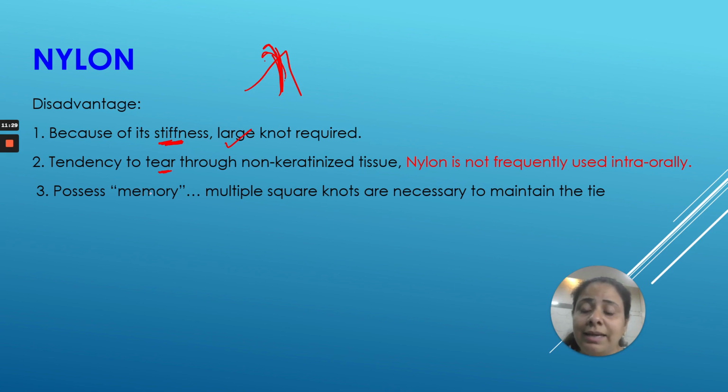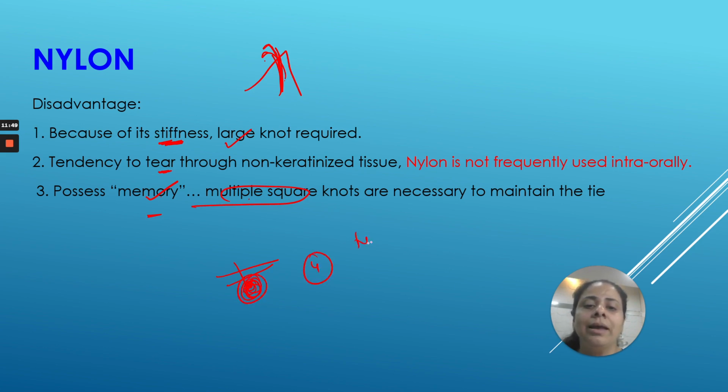And thirdly, this is the most irritating quality when it comes to the oral cavity, that it possesses memory. So multiple square knots are required. That means when I am suturing, I put one knot and this is not sufficient, I put another, this is not sufficient, a third, and sometimes four.